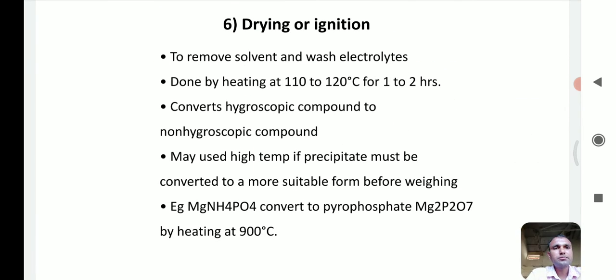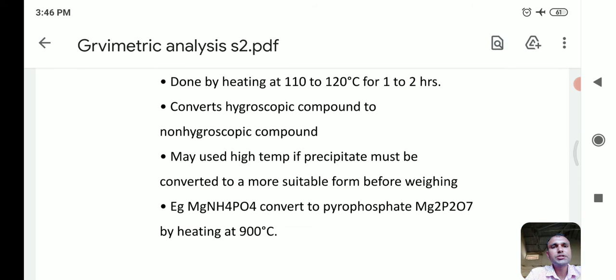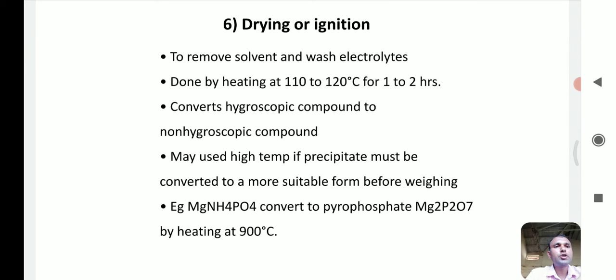Drying or ignition. So what is this? To remove solvent and wash electrolytes, we require drying. It is done by heating at 110 to 120 degrees Celsius for at least 1 to 2 hours, and it converts hygroscopic compounds to non-hygroscopic compounds. You may use high temperature if the precipitate must be converted to a more suitable form before weighing.